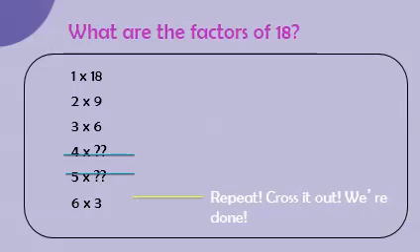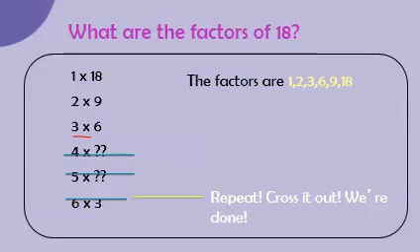And repeat means you have to cross it out, and we are done. So the factors are 1, 2, 3, 6, 9, 18. So keep in mind, whenever you reach a number that you have already written, you stop, you cross, and you write the factors from least to greatest.